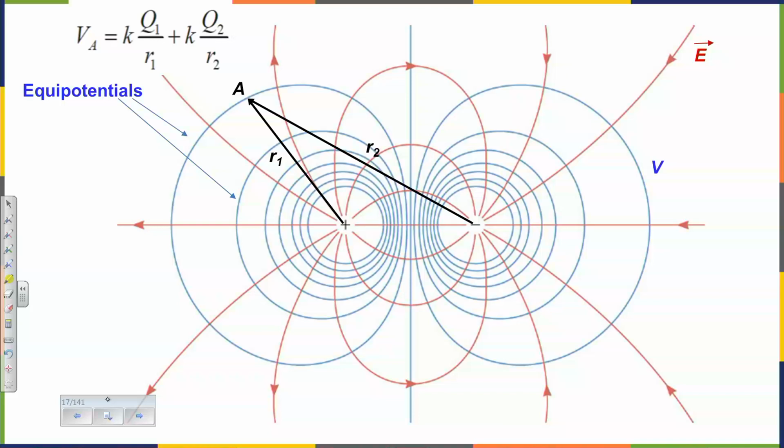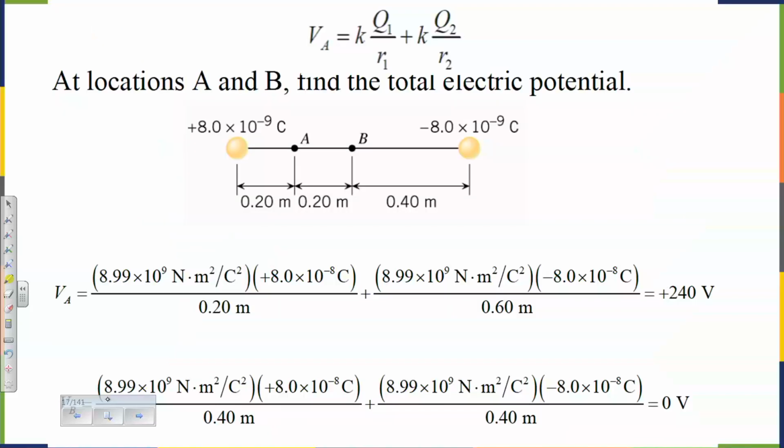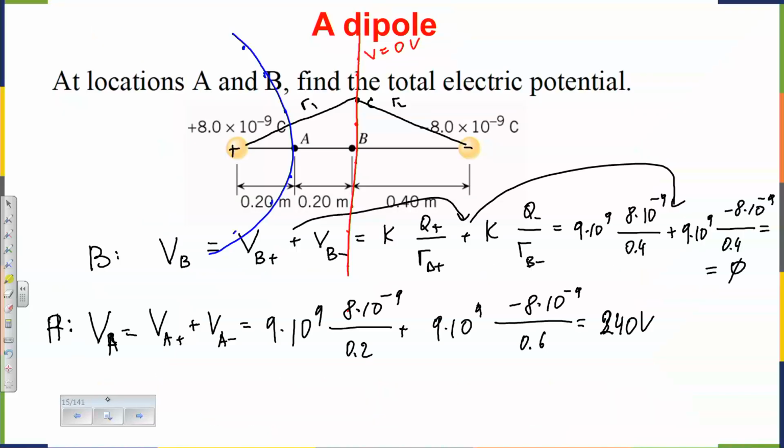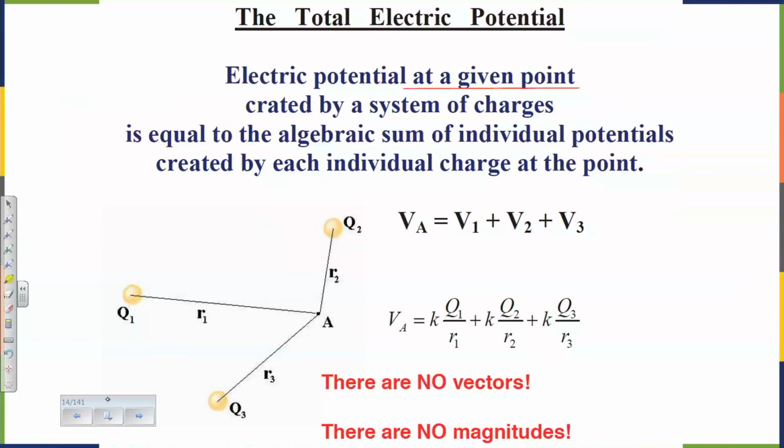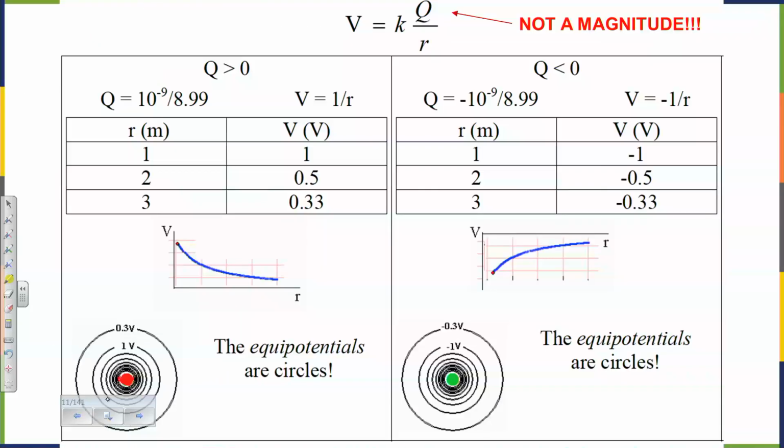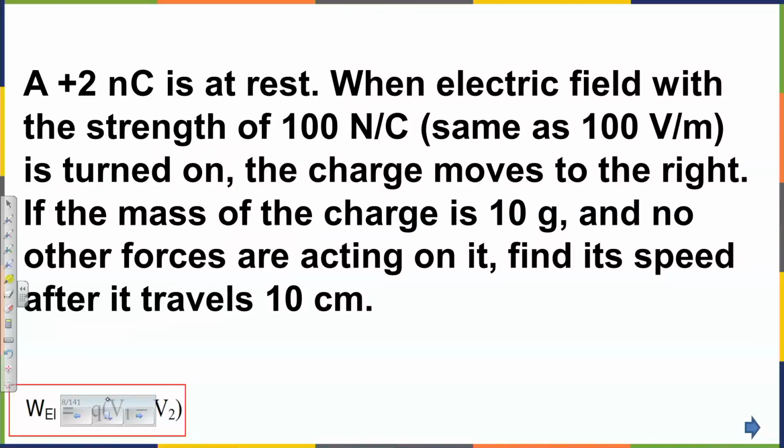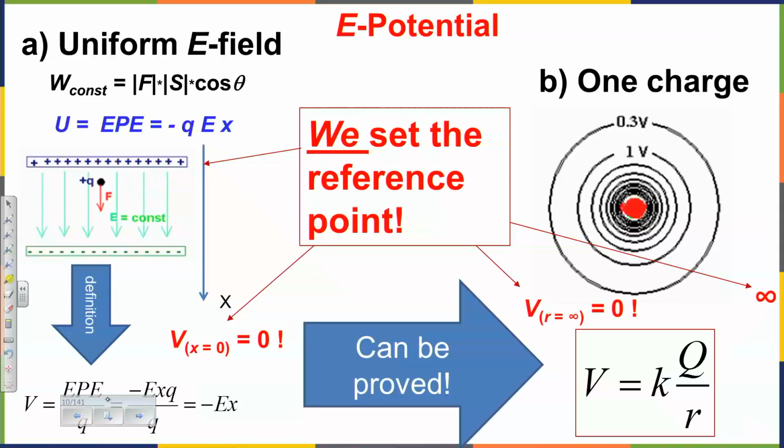Yes? Can we go back a few slides? That was too fast. You mean this slide? Yes. In this slide, I'm not going to spend too much time on it because we discussed this yesterday, so you have to review that.